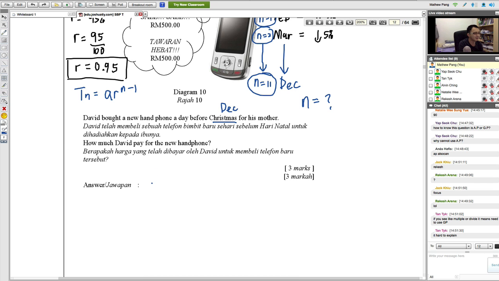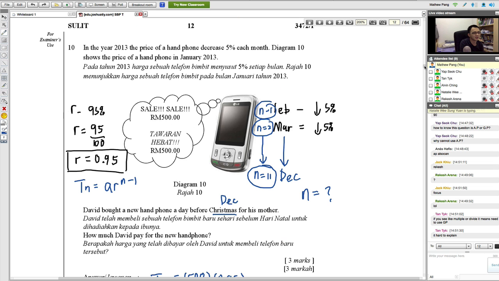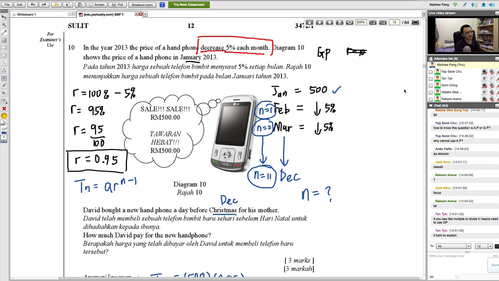So Tn, I will call T11 equals to A is 500, and my R is 0.95, and 11 minus... So should I do this one? No. Let me think about this, because this one n equals to 1.